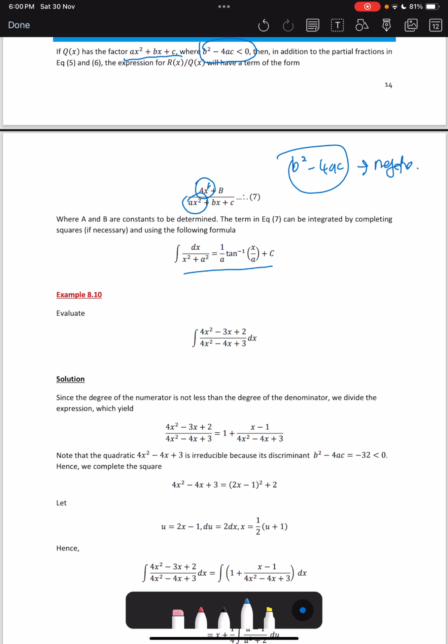This function, the px and the qx, is both a quadratic function, and the degree of the numerator is not less than the degree of the denominator.